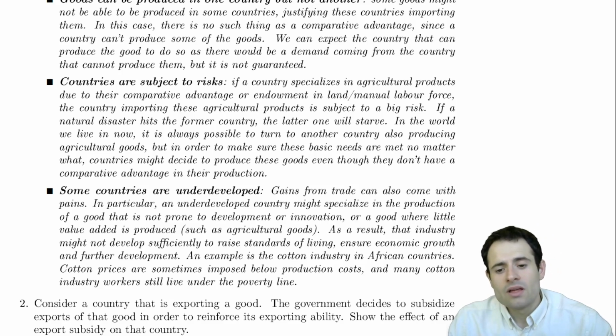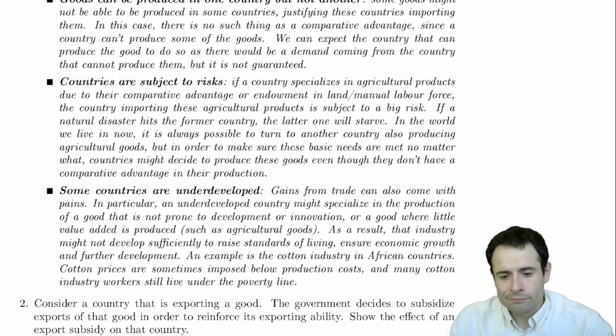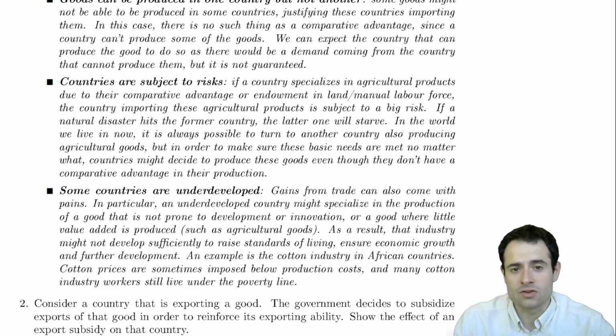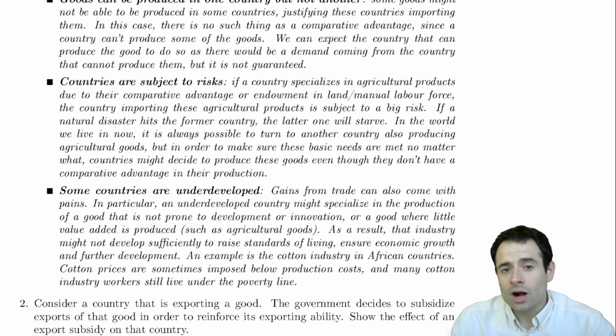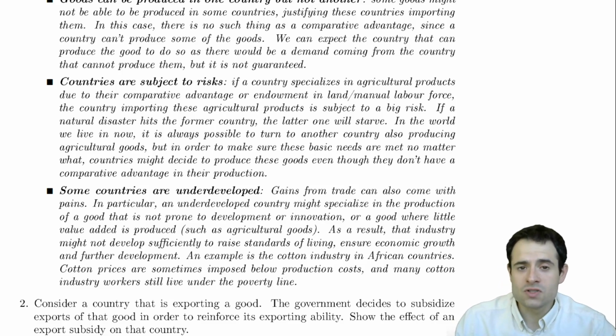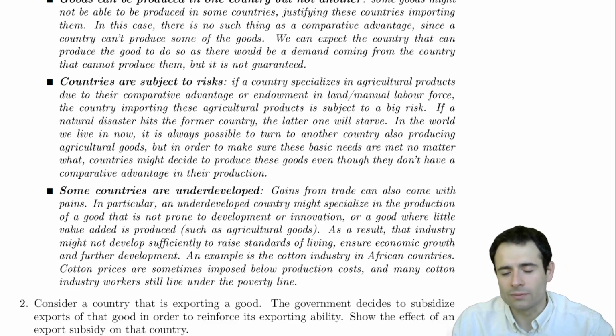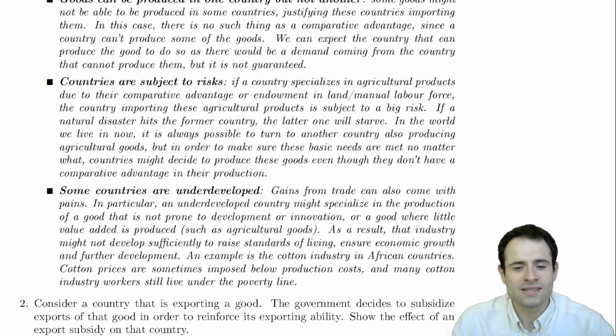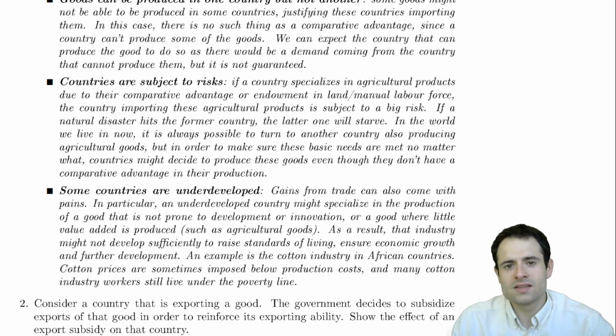As an example, think about the cotton industry in African countries. Many African countries have been growing cotton for a very long time, and they are trading this cotton with developed countries. Well, cotton prices are sometimes imposed below production costs. Well, that's another debate why this happens, but there are different things that come into play, and many cotton industry workers still live under the poverty line.